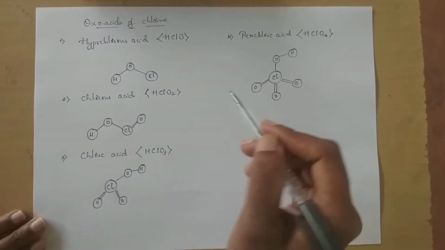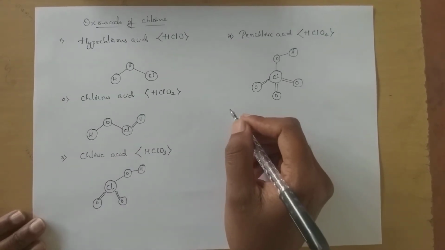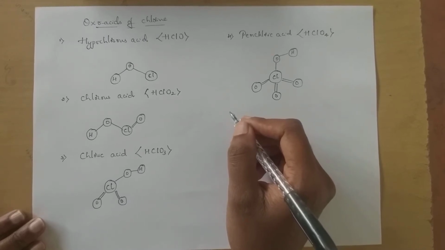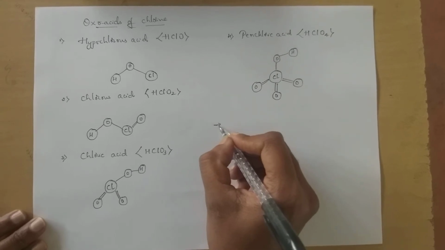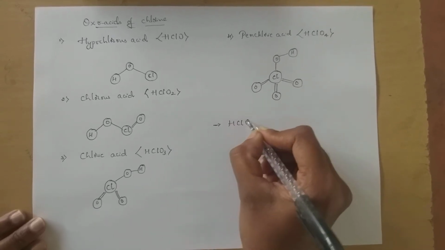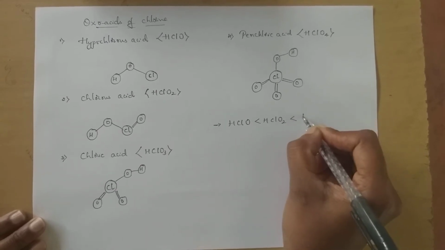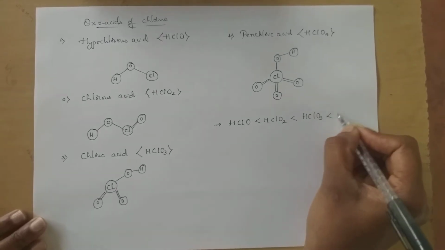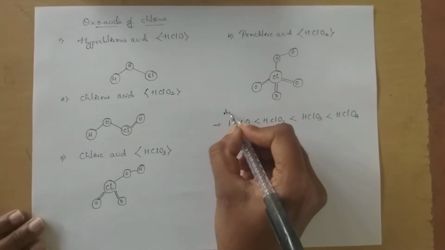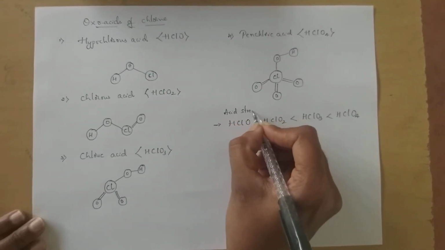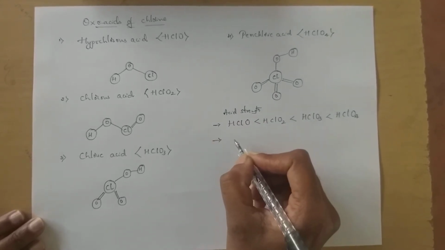So the order of acidic strength is HClO less than HClO2, further less than HClO3 and HClO4. So the acidic strength increases due to increase in the oxidation number.